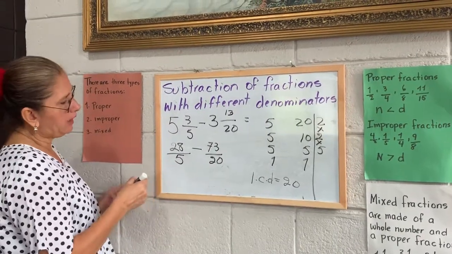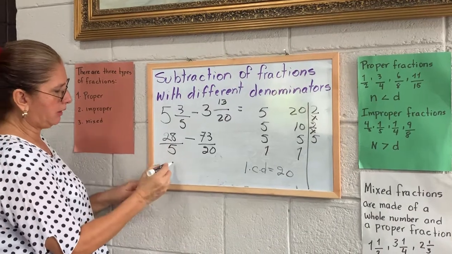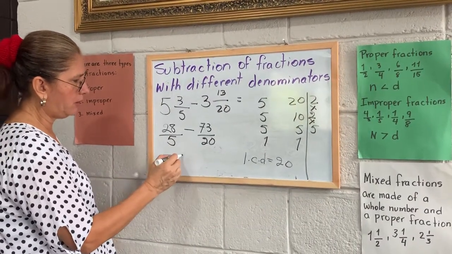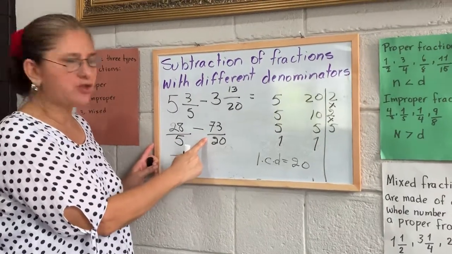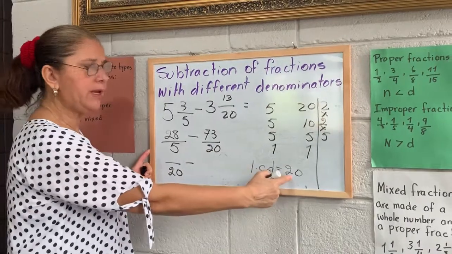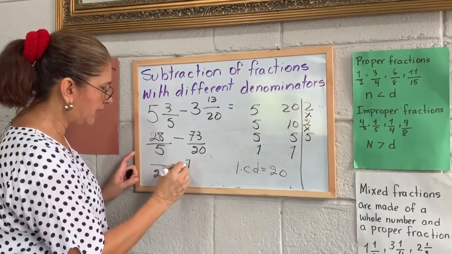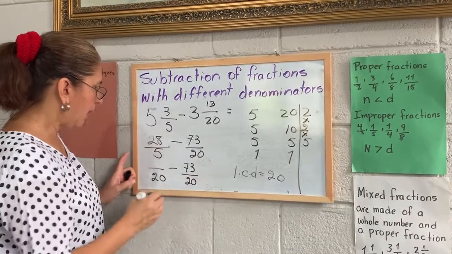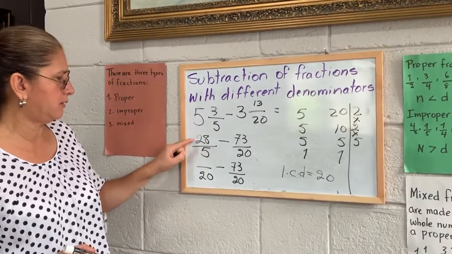I'm going to write the same denominator, minus. For this fraction, I don't write an equivalent fraction because it already has the LCD, that is 20. I write the same fraction. I'm going to find the equivalent fraction only for this one.